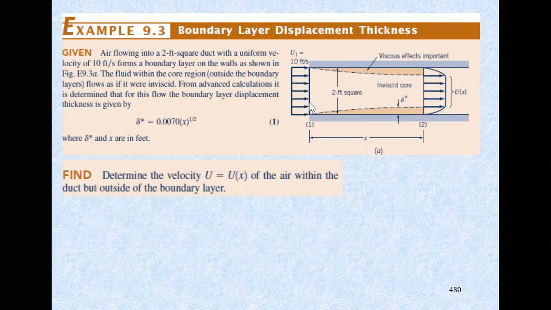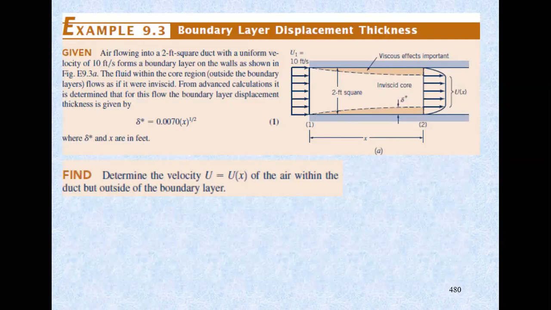And then we need to determine the velocity of the air as a function of x. So you can see that at the point over here, what's the velocity, because it will have a different velocity between this point and this point.